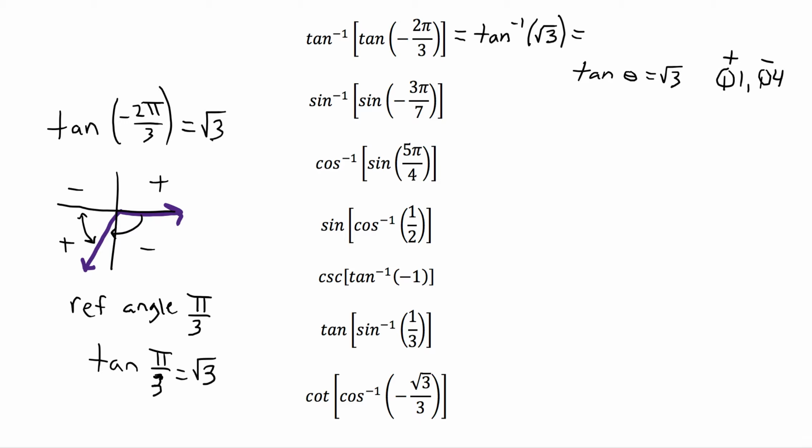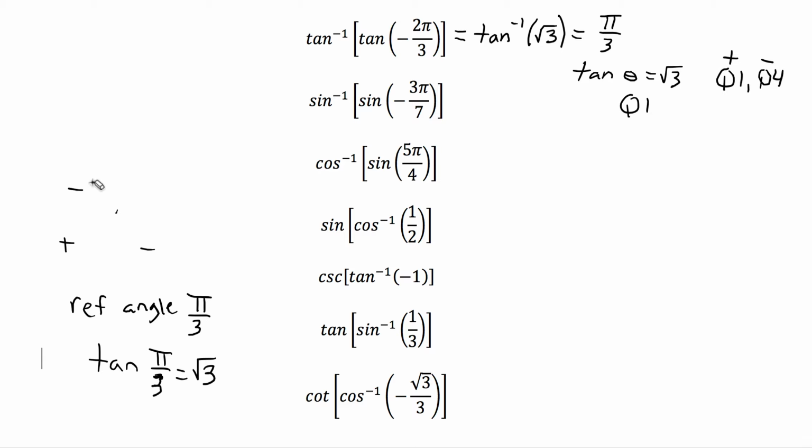So I need a quadrant 1 answer because square root of 3 is positive. So where in quadrant 1 is tangent equal to square root of 3? And I know that that's at pi over 3.